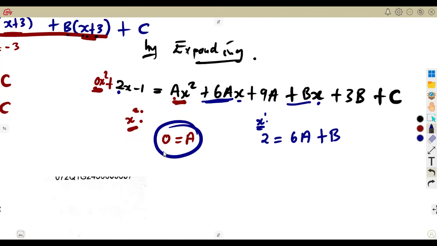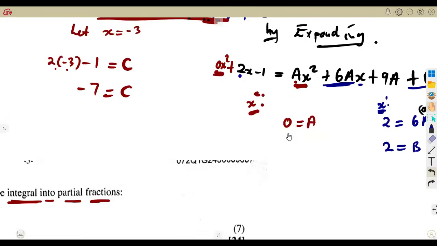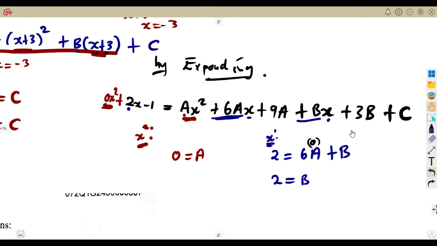But remember that a is equal to what? a is equal to 0. So meaning to say 2 is equal to what? 2 is equal to b. Remember, you calculated c already on that part where c is minus 7. Using any other part where c is, you can even prove it if you take the coefficients, and you see that you're going to have the same thing.